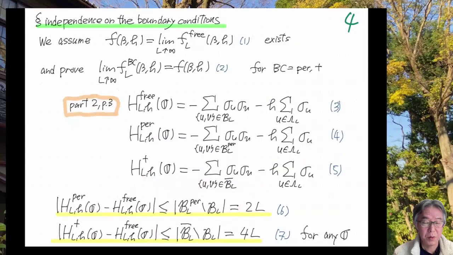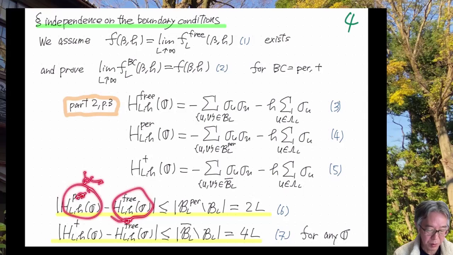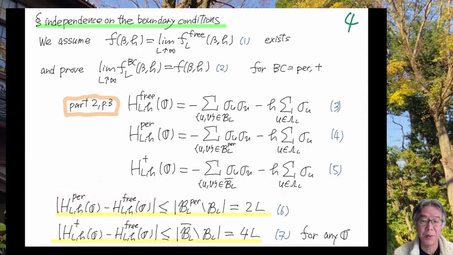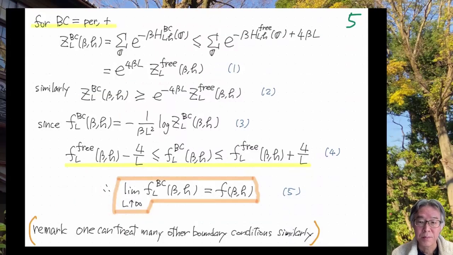Whatever weird boundary condition you like, the only thing you have to show is that the difference between your Hamiltonian with this new boundary condition and the Hamiltonian of the free boundary condition is bounded by something times L. If it is of order L, then all the proof goes through, and you can show that you get the same limit from these new weird boundary conditions. Is that clear? Okay.